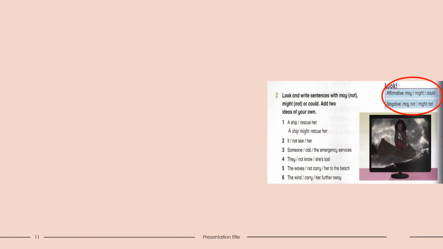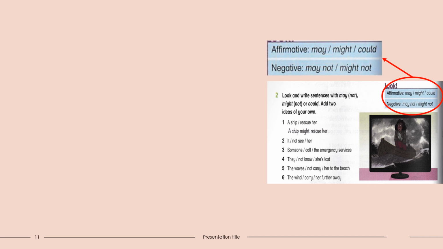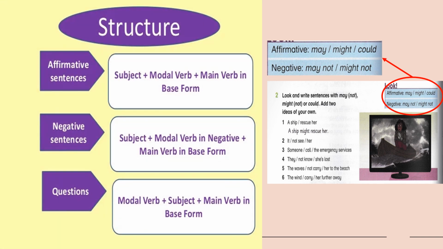For activity 2, let's focus on the structures of affirmative sentences, negative sentences, and also questions. For affirmative sentences, you use subject, then the modal verb, and the main verb in base form. For example, she might feel cold.